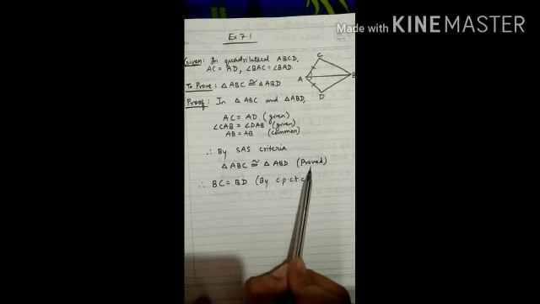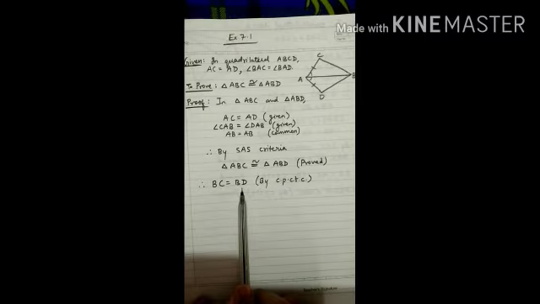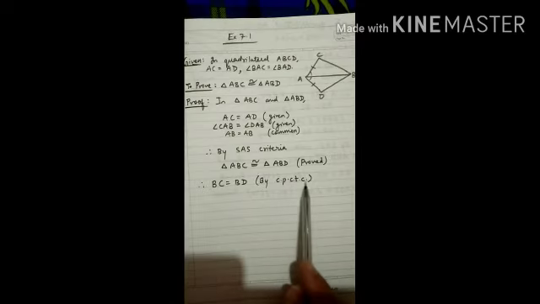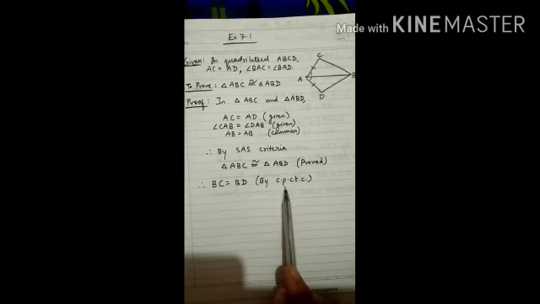One more question they are asking in this is whether BC equals BD. Whenever two triangles are proved congruent by any of the criteria, then the remaining sides and remaining angles are also congruent, meaning equal to each other, by CPCTC: corresponding parts of congruent triangles are congruent.